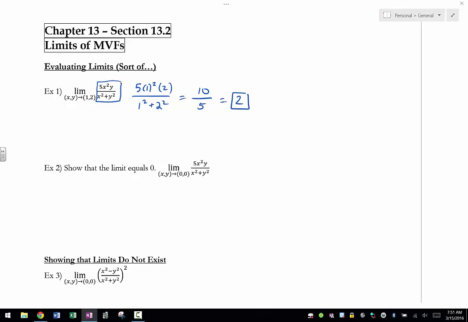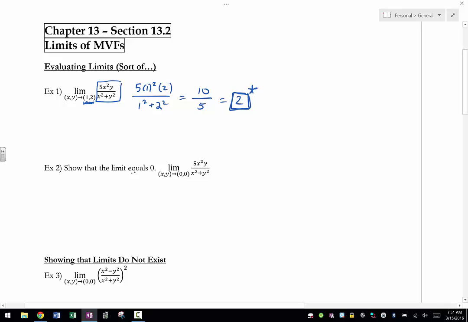But otherwise, there is nothing wrong with that function except at (0, 0), which means at the point (1, 2), it should still be continuous, which means the limit should exist and equal the value that we got. So long story short, plug in the point that you're given into the expression. If you get an answer, check to make sure that answer isn't anywhere near an asymptote or a hole, something like that. If it's not anywhere near any of those things, that is your answer.